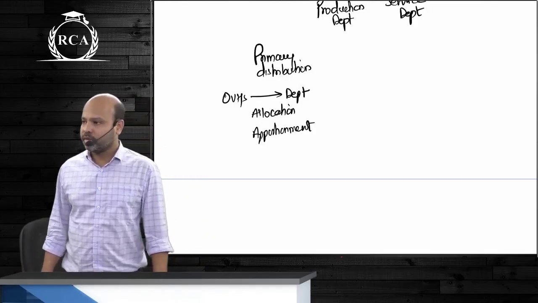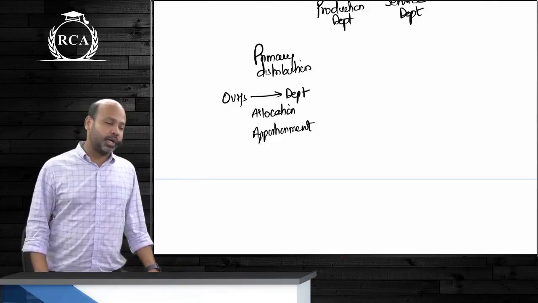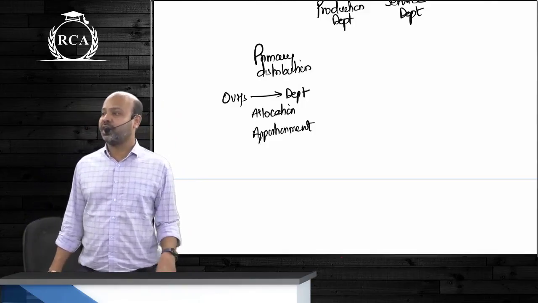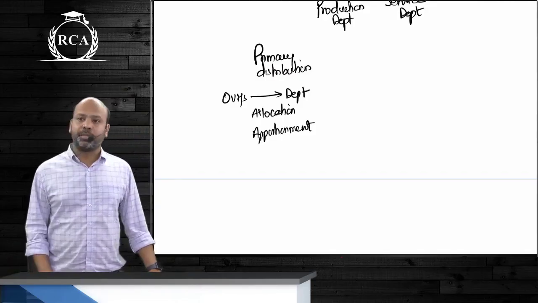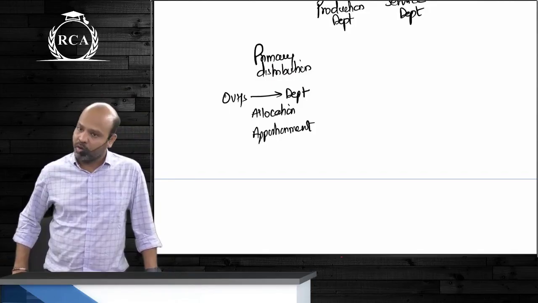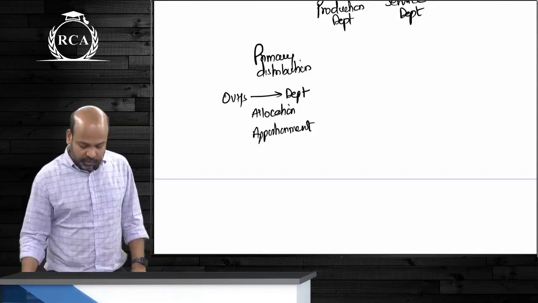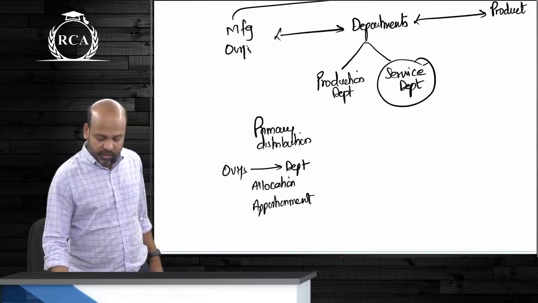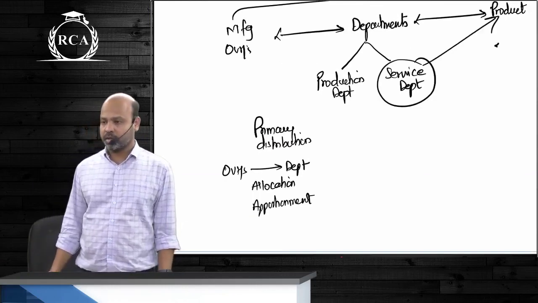Yes or no, guys? When you perform this primary distribution of overheads, I told you that you do not differentiate between a production department and a service department. You will distribute expenses to all of them. The problem is, we will not be able to transfer expenses from a service department to the end product.